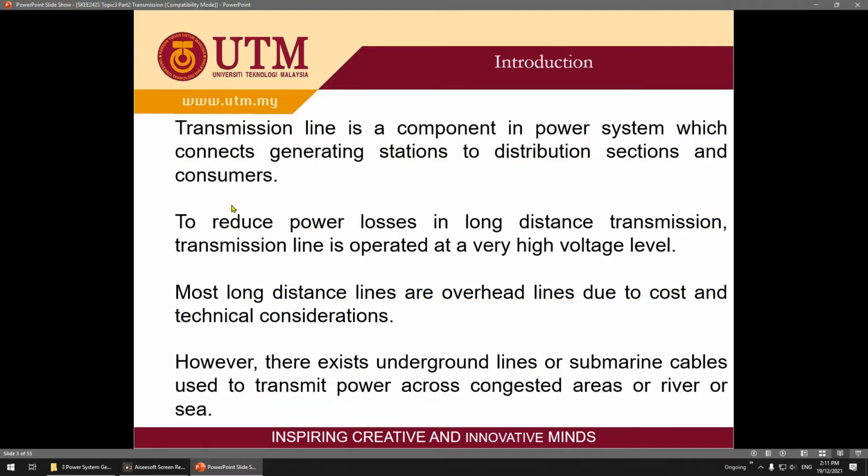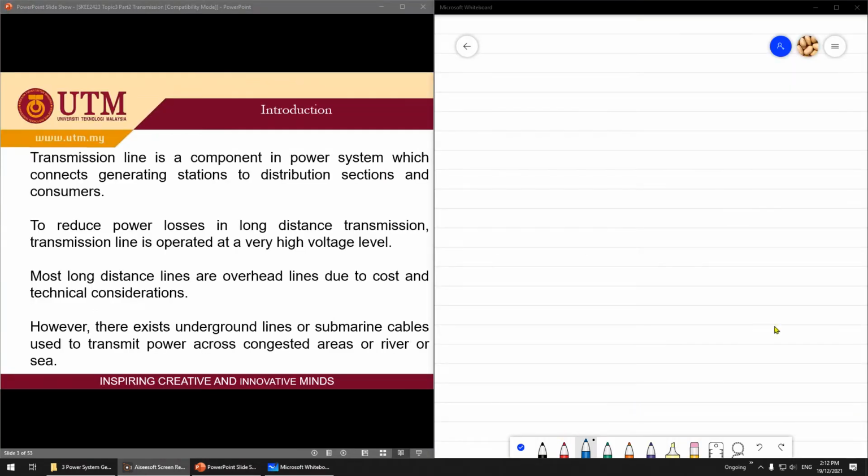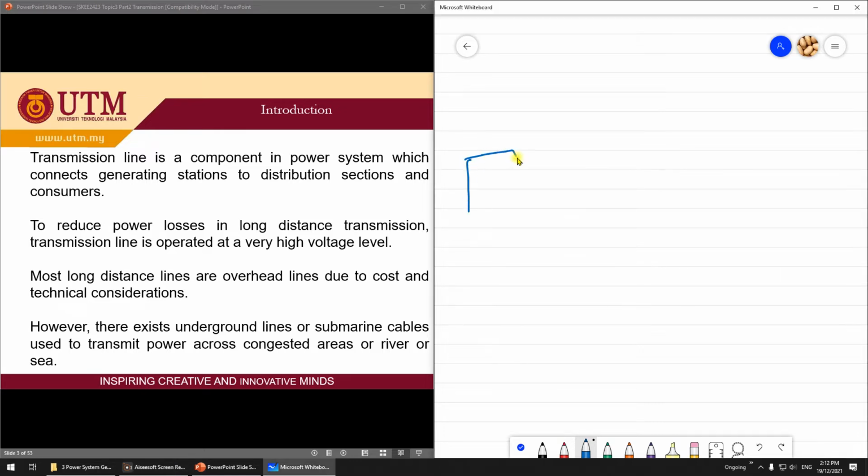So let's start with the transmission line. It is a component in the power system which connects the generation station to the distribution section of the customer. What this means is, you have a generation here, and you have a customer here.